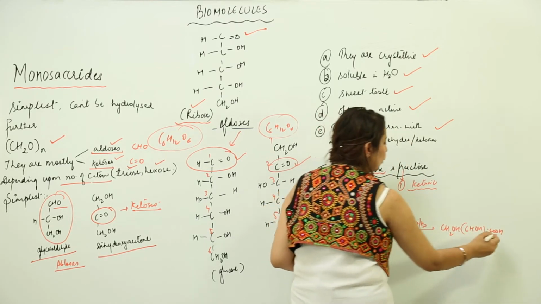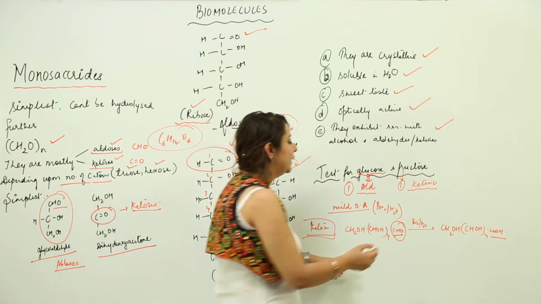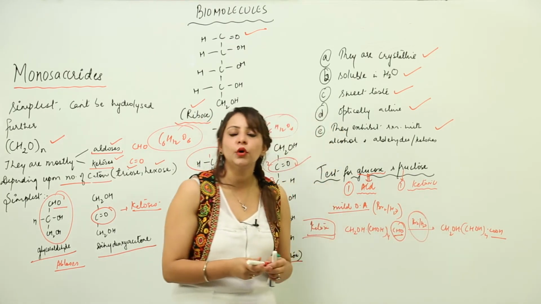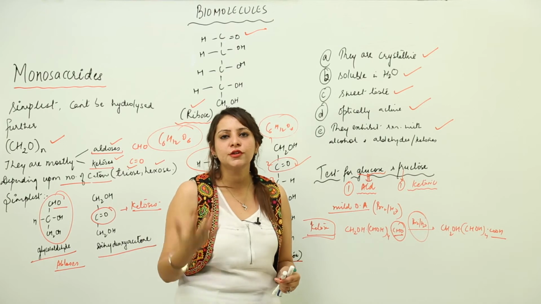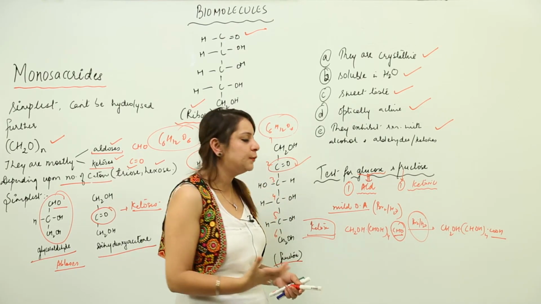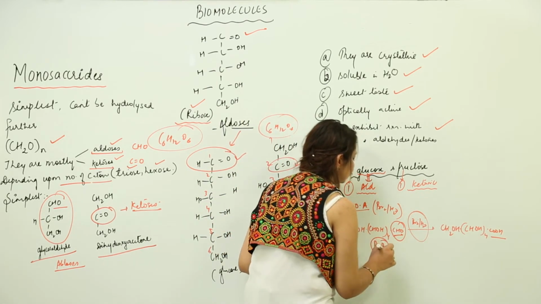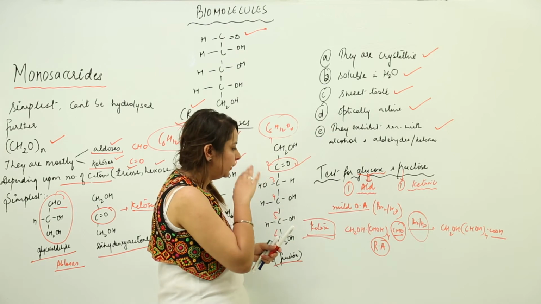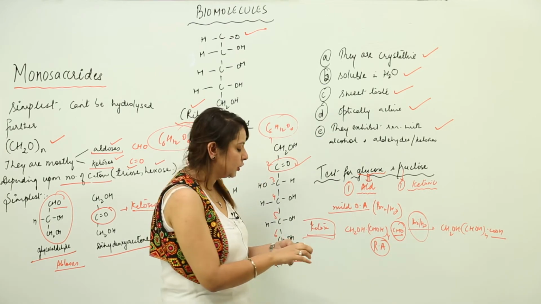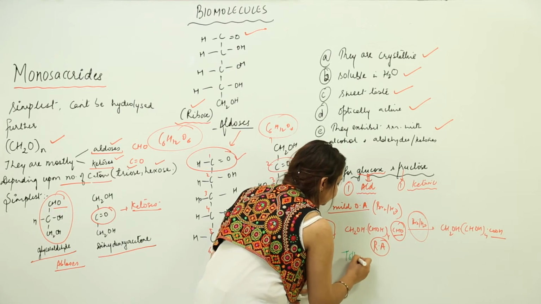That means CHO turns into a carboxylic acid group. So it can decolorize bromine water. When bromine water gets decolorized, it proves that oxidation has taken place, and because it is oxidized easily, it can act as a reducing agent. Likewise, it can show many other tests also, like it can oxidize the Tollens reagent.